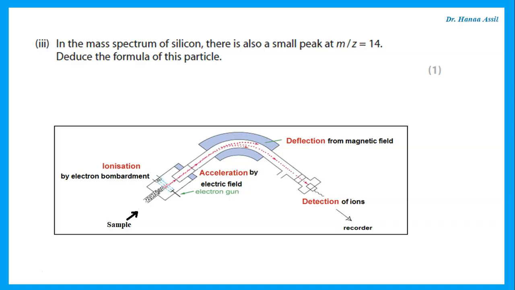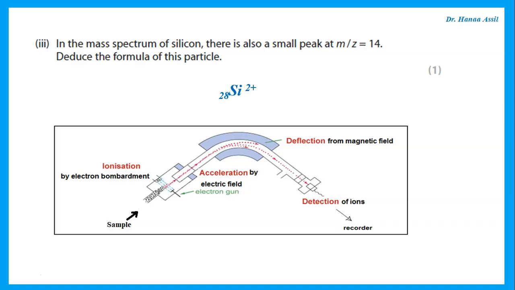Now we said usually the ions have a +1 charge. So m/z is actually the Mr of the compound. But then some of them would have a +2 charge.